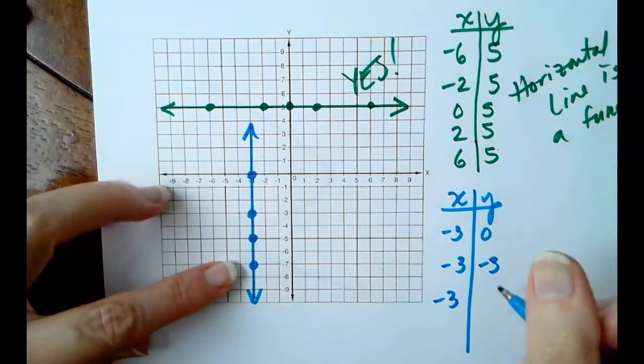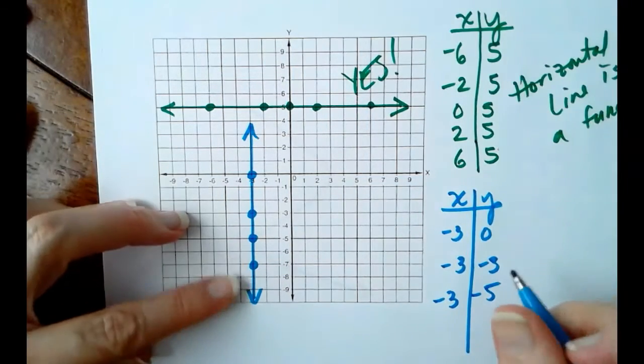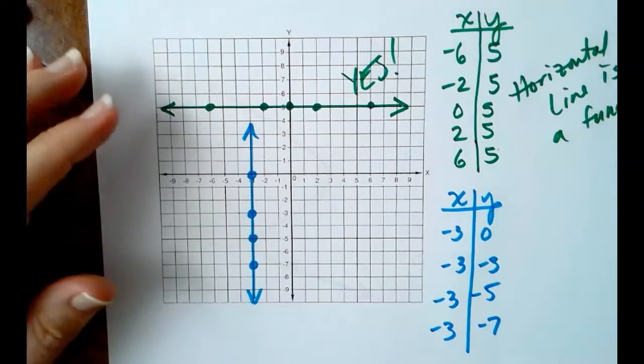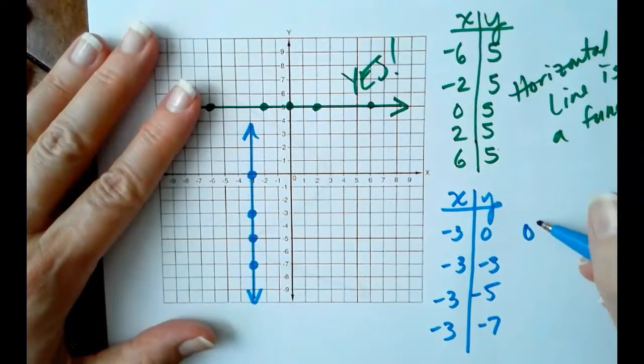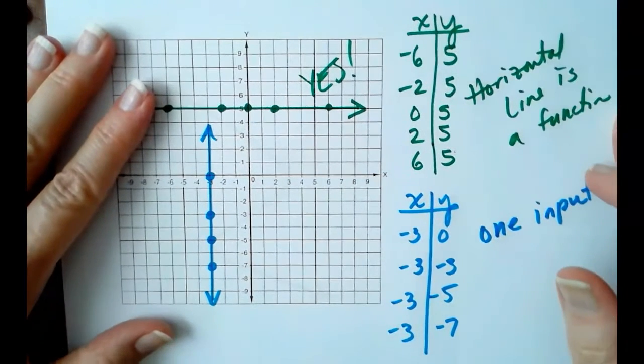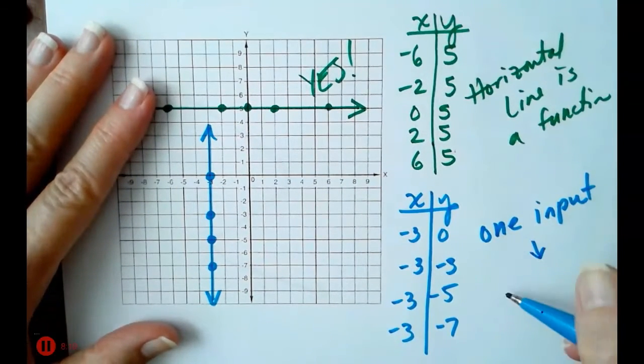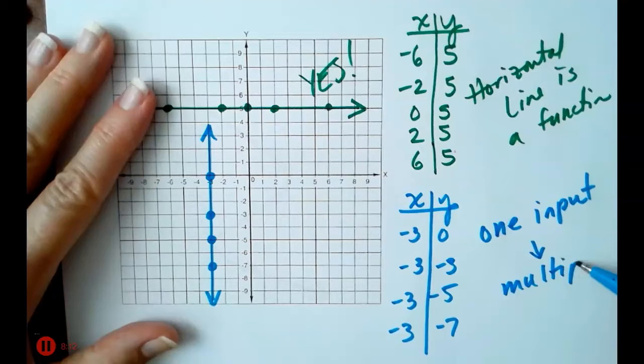Negative 3 also goes to negative 5. Negative 3 also goes to negative 7. So we only have one input, and that one input maps to multiple outputs.